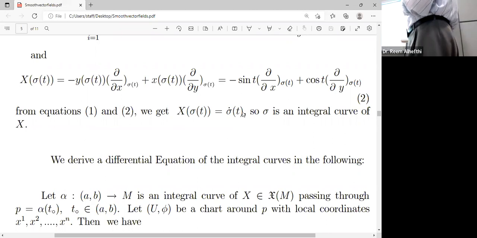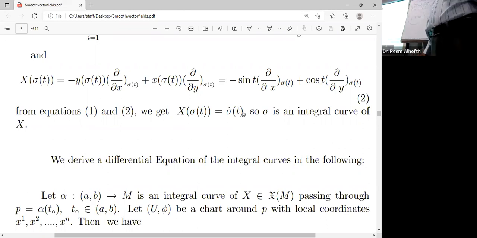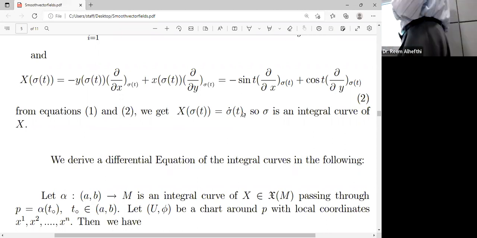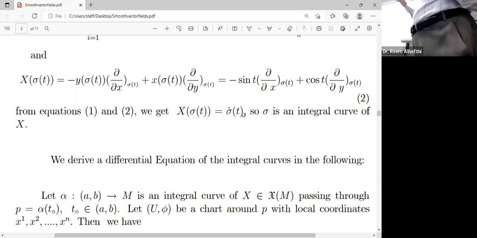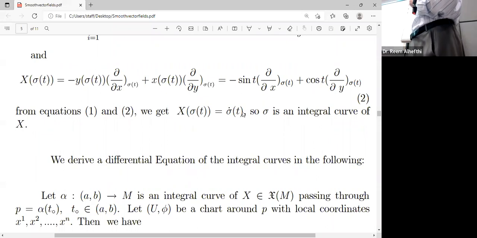This is an integral curve of this vector field. I'm interested in seeing the differential equation for the integral curve. What we do, we take a chart around it. Because in a manifold, you always have charts at each point. And suppose the local coordinates are x1, ..., xn.